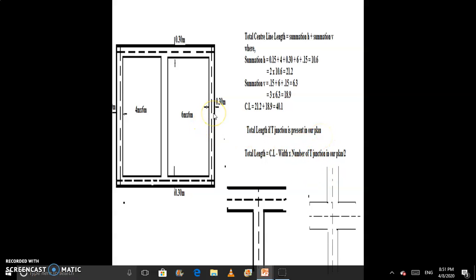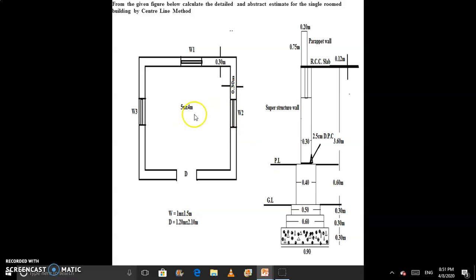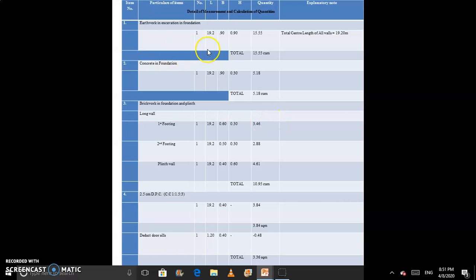So in the center line method, if you have a one-room plan, you do not have to count T-junctions, but if you have a two-room plan, then you have to count the T-junctions and deduct them from the total length. Here our plan is a single room plan, that's why we do not count T-junctions, and we go directly to the solution.